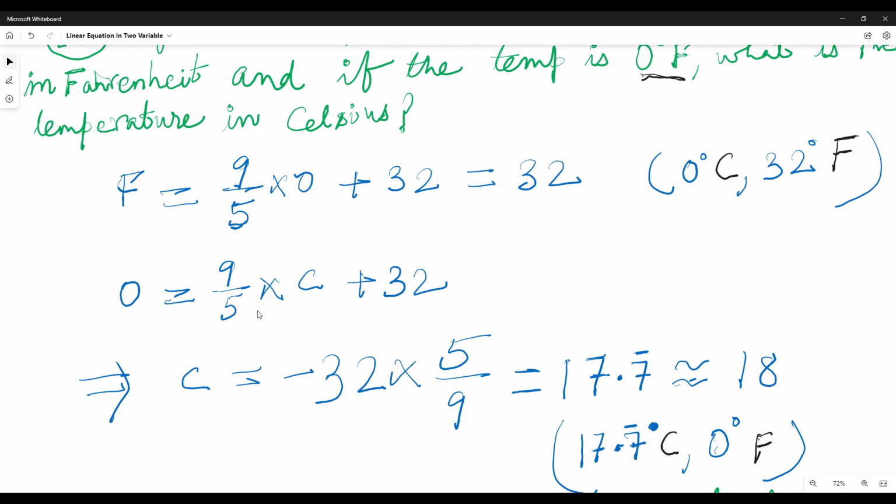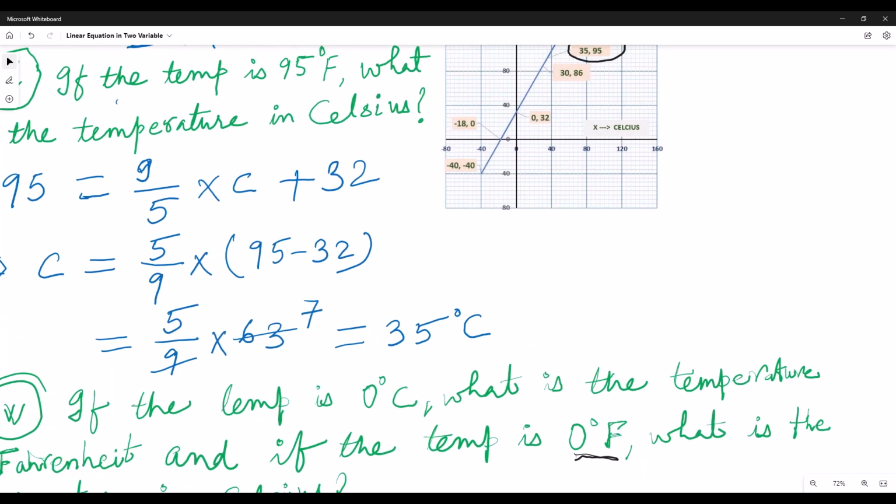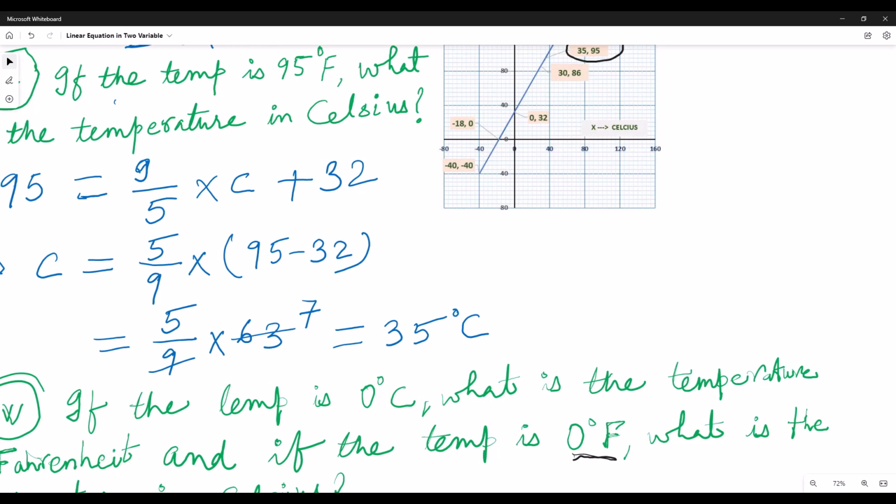So you put the value of Fahrenheit as 0, then you get the value of C, that is in Celsius. So 17.7 degrees Celsius is the same as 0 degrees Fahrenheit, and this is visible on the graph. You can plot the graph and get the value from the graph also. So 17.7 is approximately equal to 18.